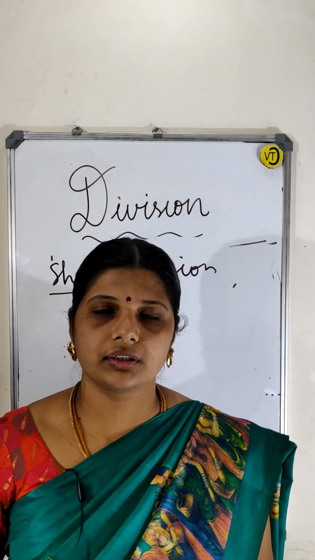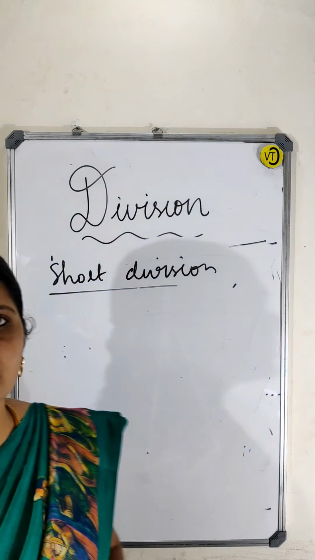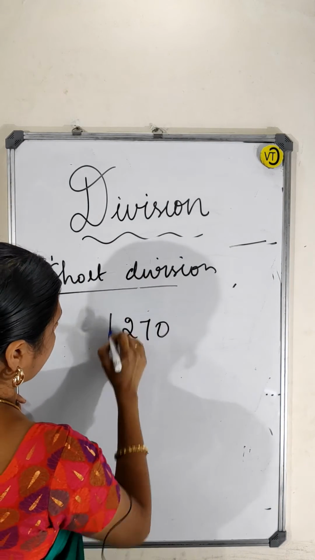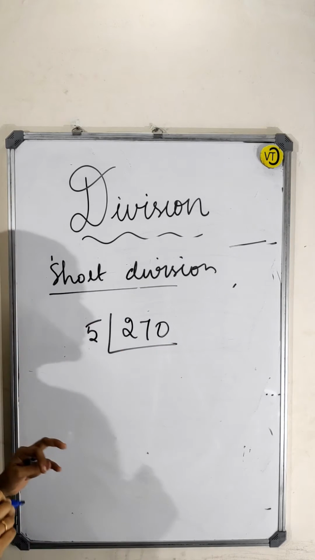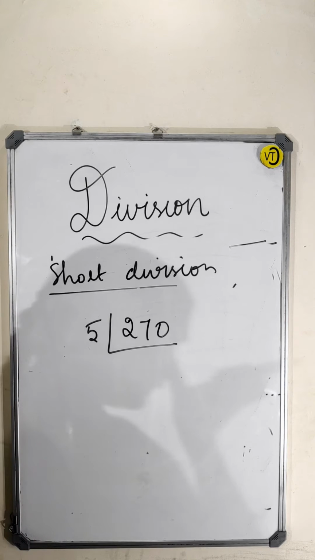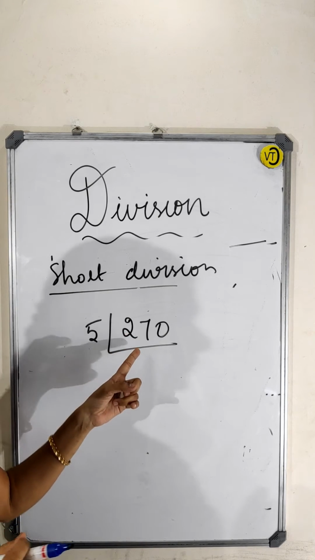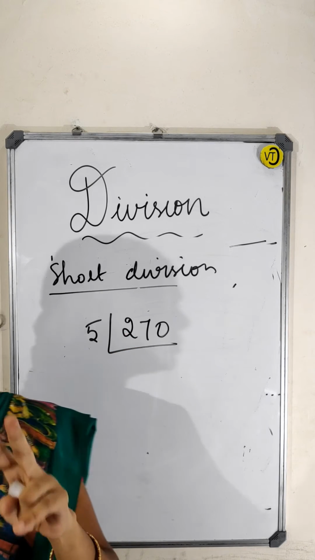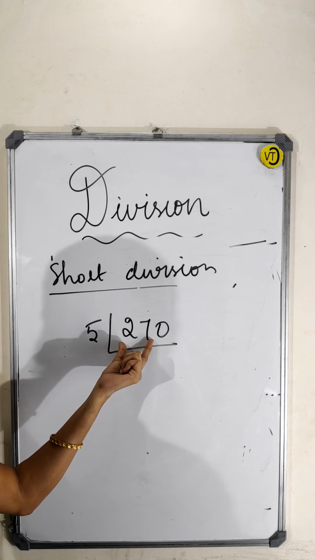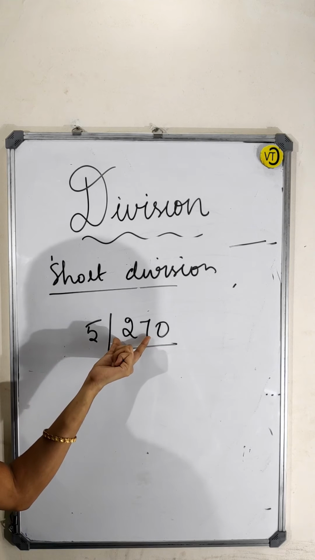Then one more small example for the short division method. Okay. 270 by 5. So, how can you do it here? Listen. 5 cannot divide into 2 hundreds. We will take 27 tens. 27 tens I have to take.